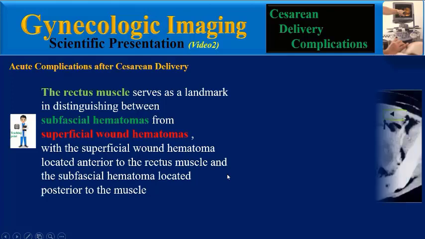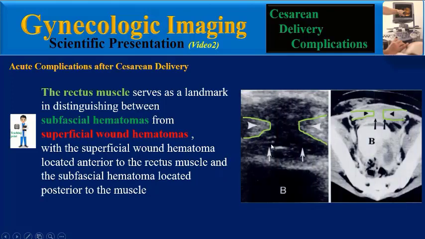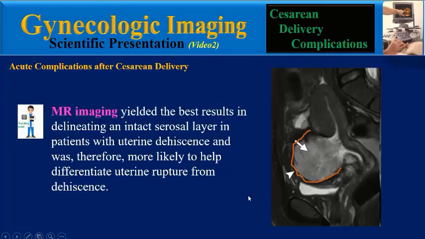The rectus muscle serves as a landmark in distinguishing subfascial hematomas from superficial wound hematomas, with superficial wound hematomas located anterior to the rectus muscle and subfascial hematomas located posterior to the muscle. MR imaging yielded the best results in delineating an intact serosal layer in patients with uterine dehiscence and was therefore more likely to help differentiate uterine rupture from dehiscence.